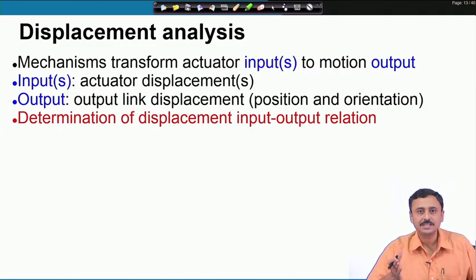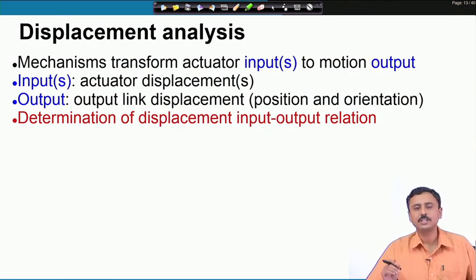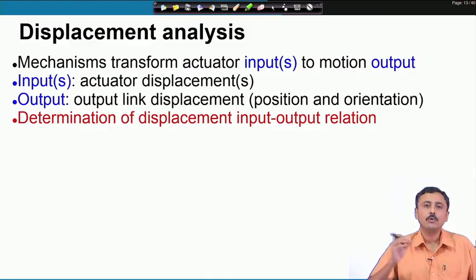Now, this determination of the input output relation from the actuators to the output link is the problem of displacement analysis. We have to determine the input output relation. So, given the input, what will be the output, or given the output, what should be the input?